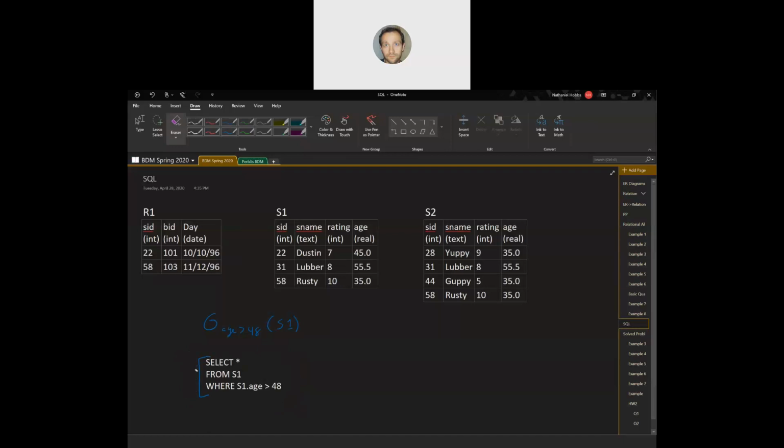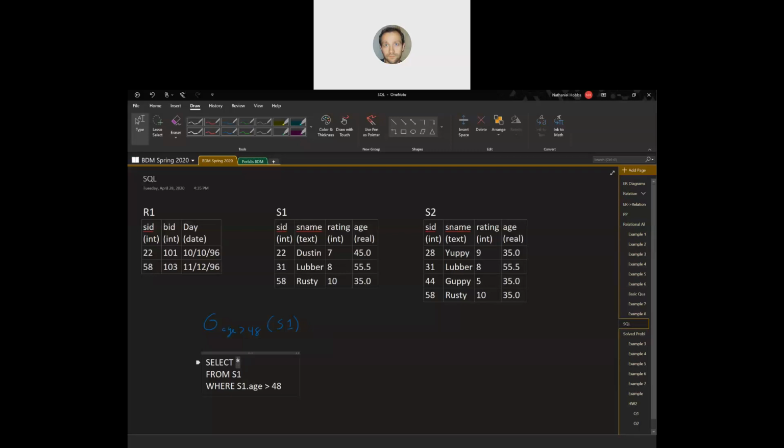So what this does is the star means everything. And this is true not just in SQL, but in other languages. If you're familiar with DOS, this is also true in regular expressions.